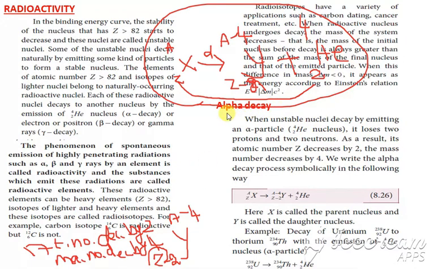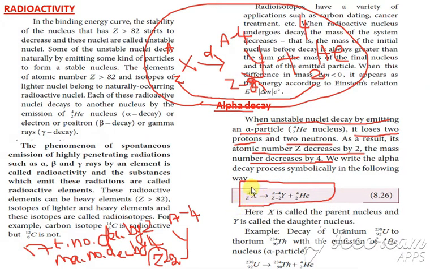So that is the alpha decay. When an unstable nucleus decays by emitting an alpha particle, it loses 2 protons and 2 neutrons, so the atomic number decreases by 2 and the mass number decreases by 4. So we write the equation as X (Z, A) gives Y (Z minus 2, A minus 4) plus He 2 4. Okay, here X is the parent nucleus and Y is the daughter nucleus.